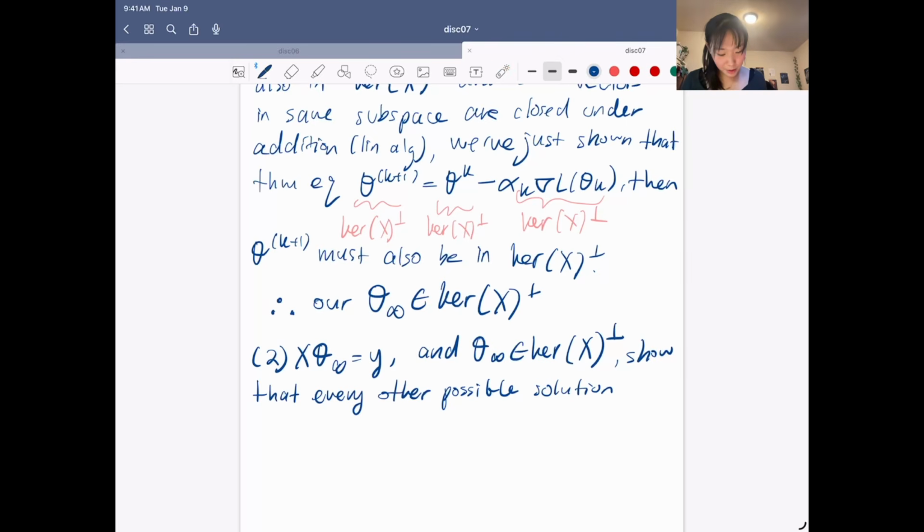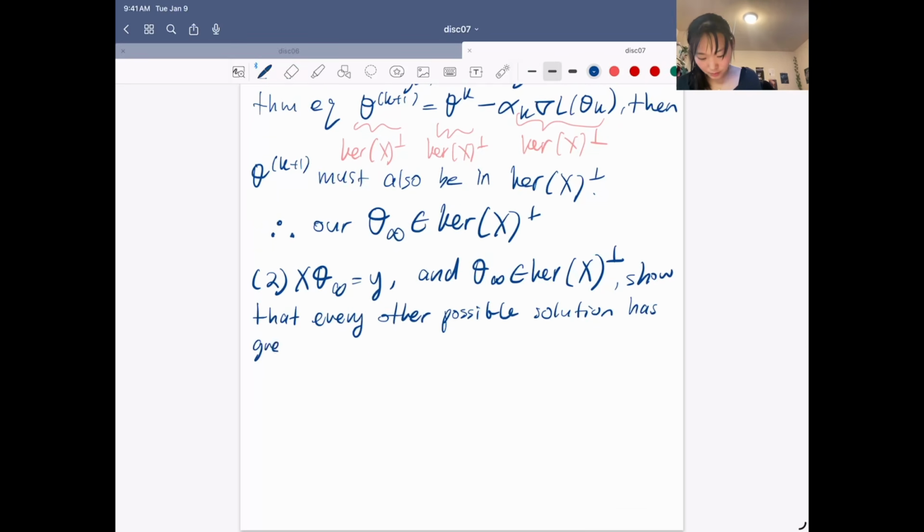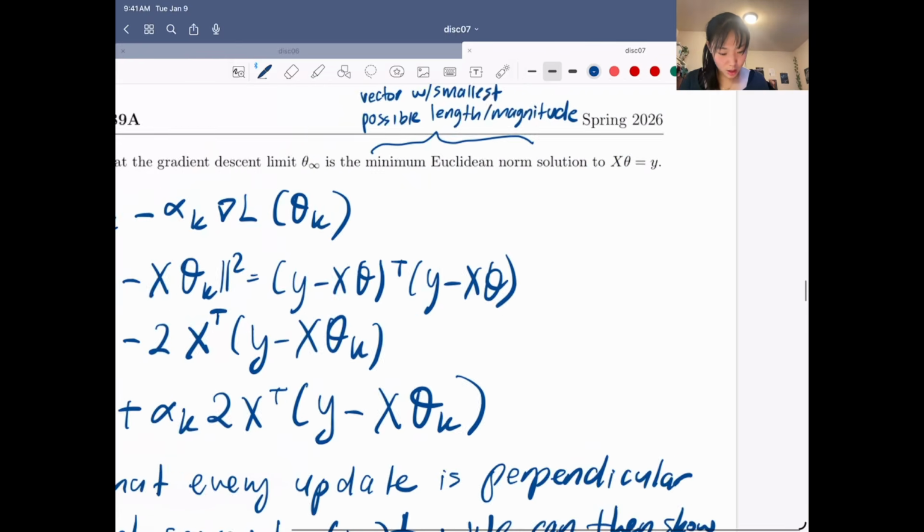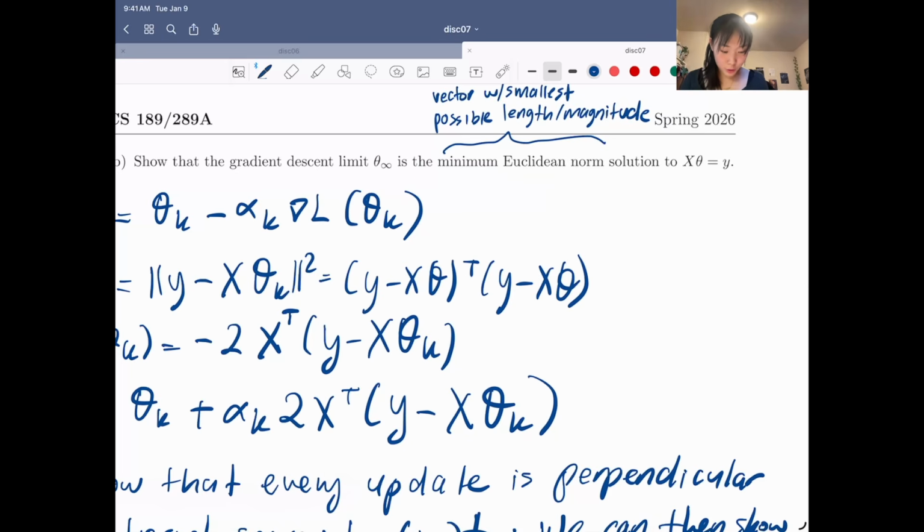So we want to show that every other possible solution has greater norm than our gradient descent solution. And by greater norm, I mean greater Euclidean norm.